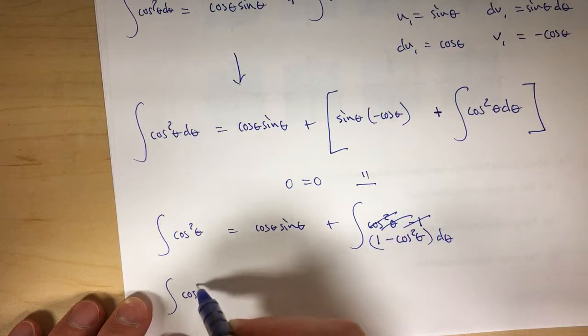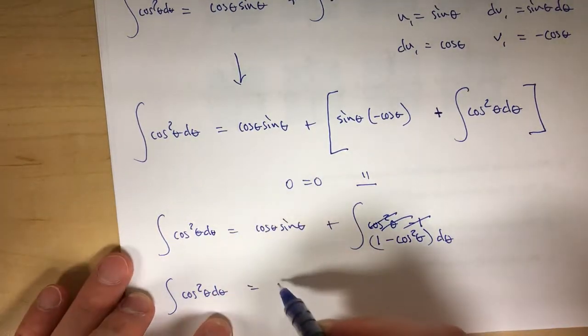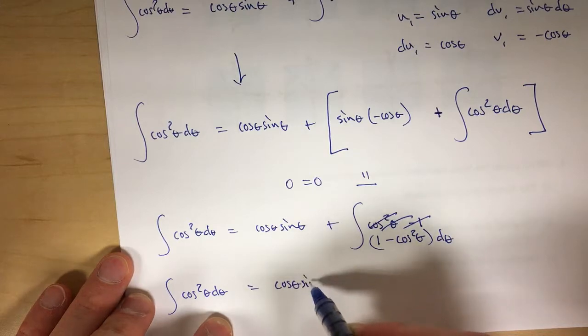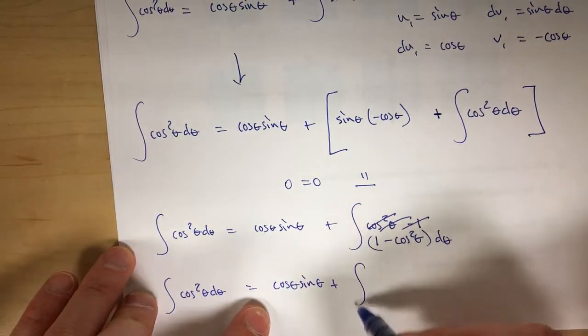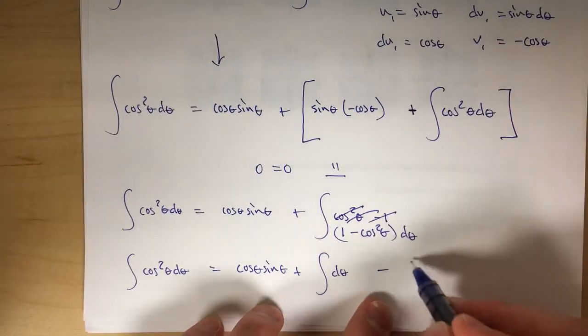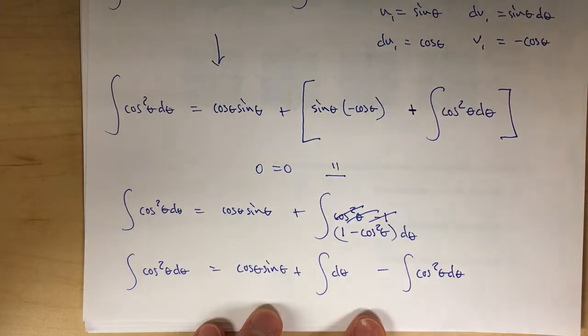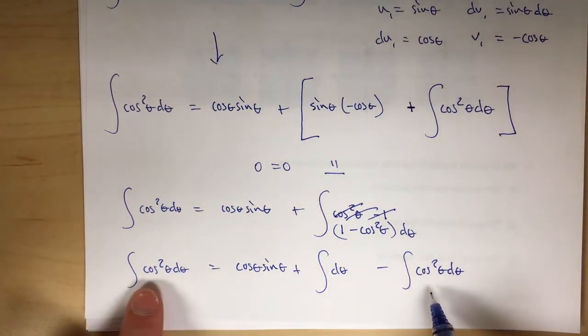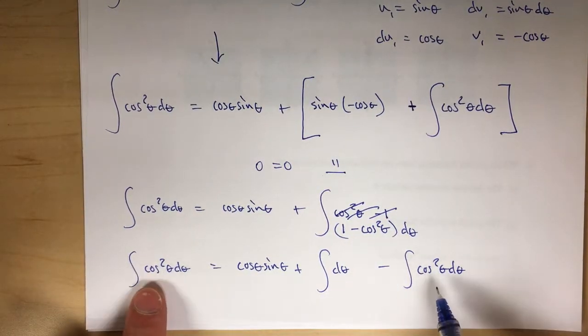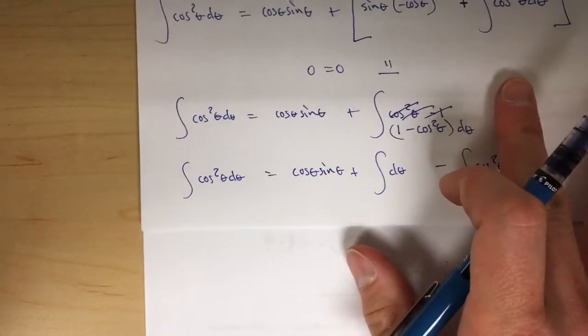So I've got the antiderivative of cosine squared theta d theta is equal to cosine theta sine theta plus the antiderivative of d theta, because that's the 1 d theta, minus the antiderivative of cosine squared theta d theta, right, if I break that up. And now what I notice is what I want to solve for is on both sides of the equation. So check this out.